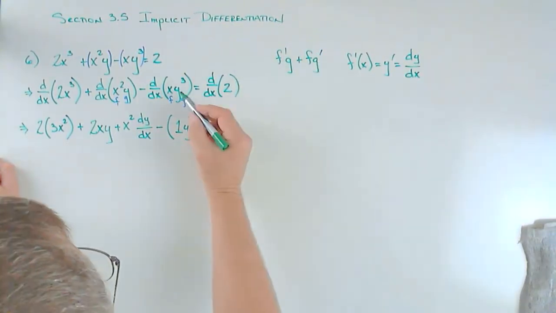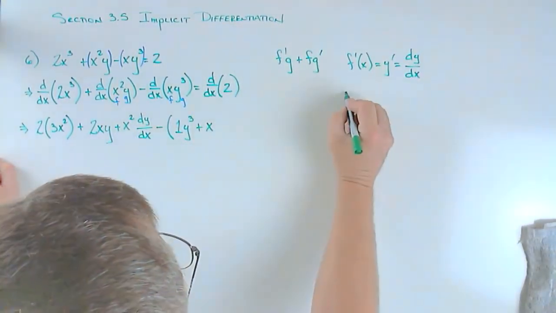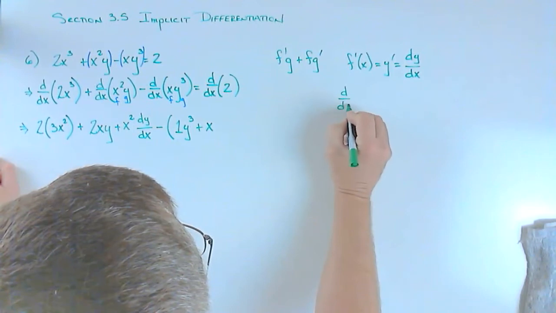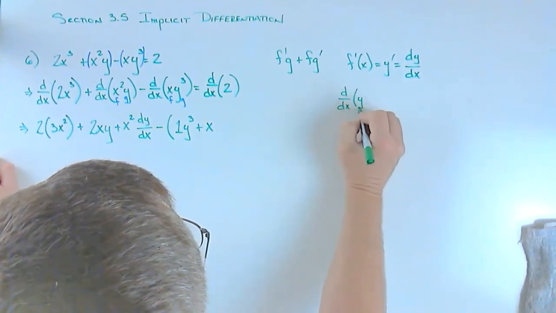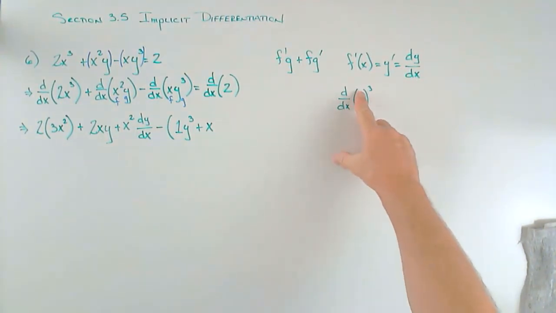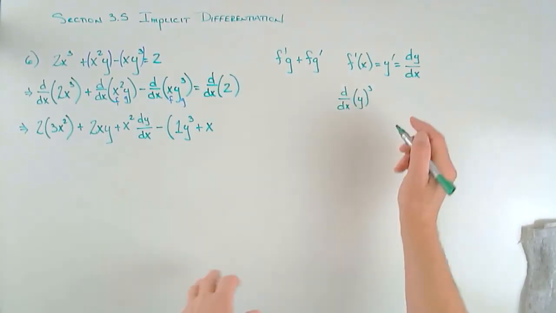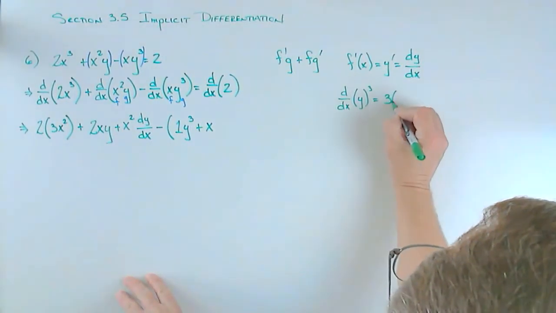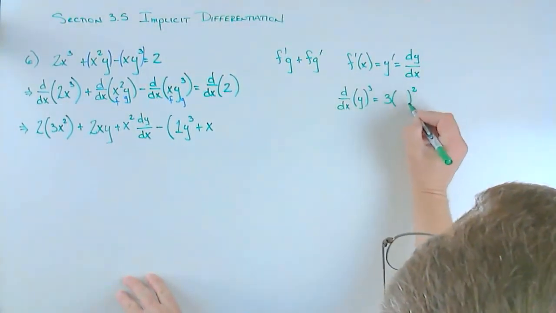Now we have to take the derivative of y cubed. If we're going to take the derivative with respect to x of y cubed, if we write it like that, we have an inside function of y and an outside function of the cube. Now, the chain rule says we take the derivative of the cubic, so that's going to be 3 times whatever that was squared, right?